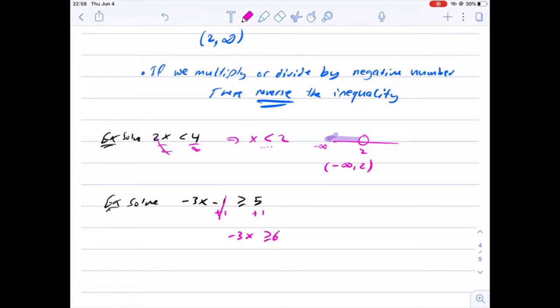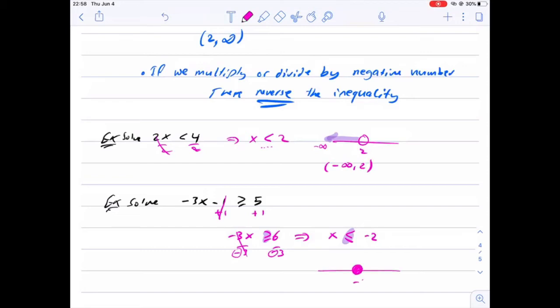And then we divide by the coefficient of x, negative 3. And since we divided by negative, we need to reverse the inequality. So we get x is less than or equal to negative 2.